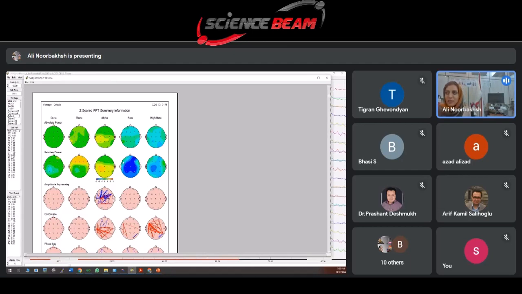And the beta wave for this client is very low, and theta increased. In this page, you can see delta, theta, alpha, beta, and high beta. Can you see delta, theta, alpha, beta, and high beta?